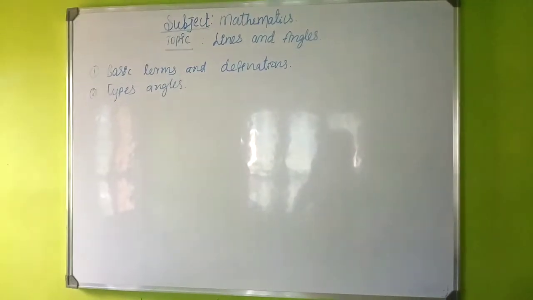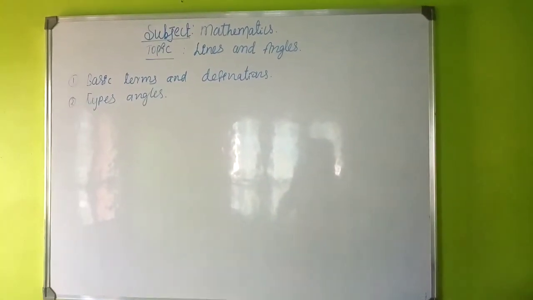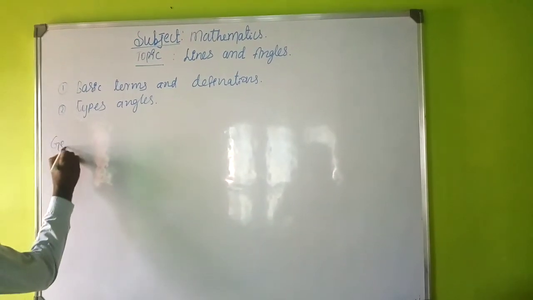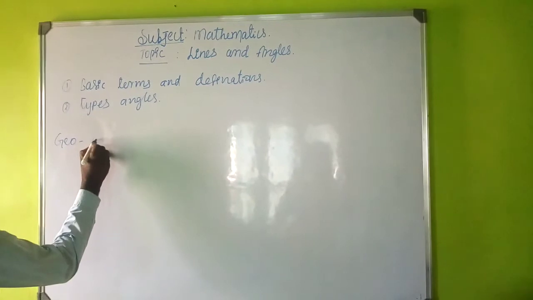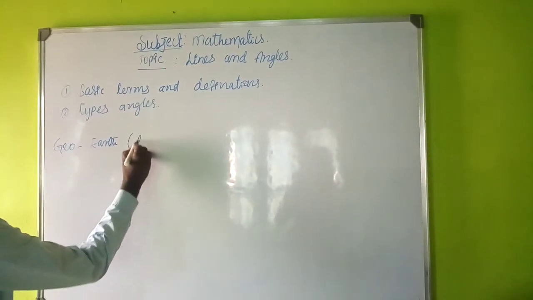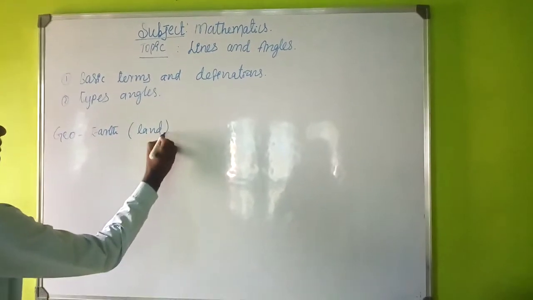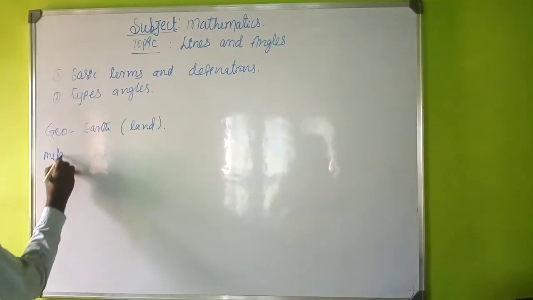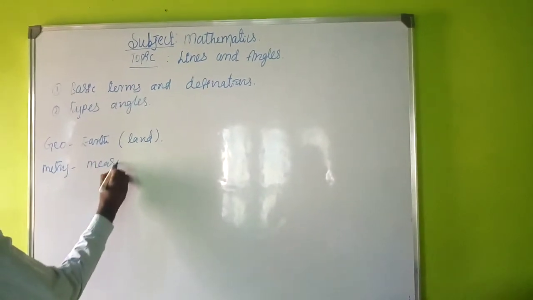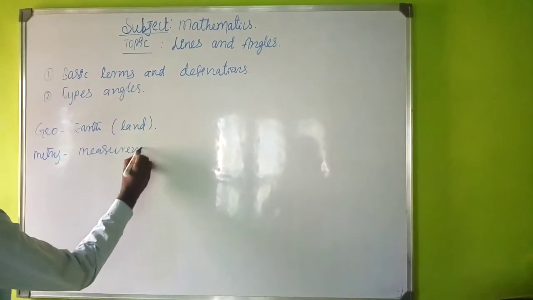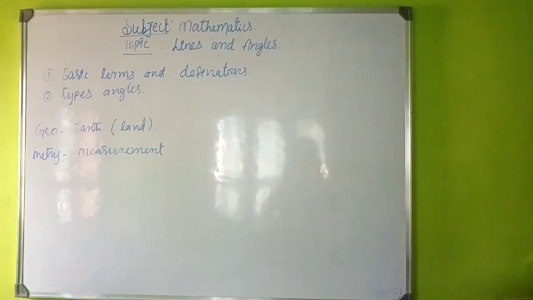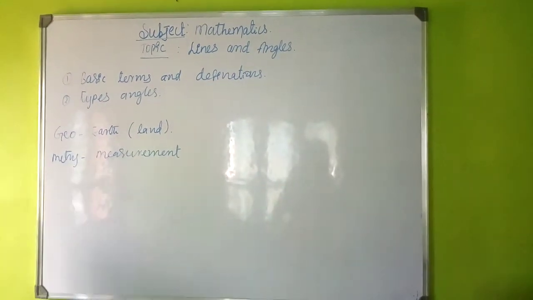Okay, so already we know that geometry means what? Geo means earth, it means land.